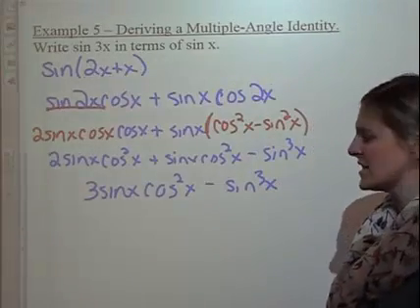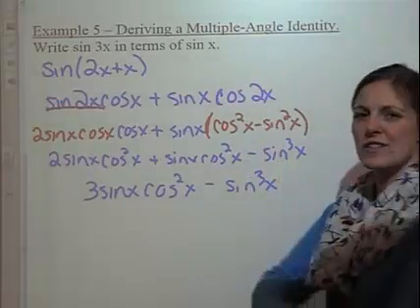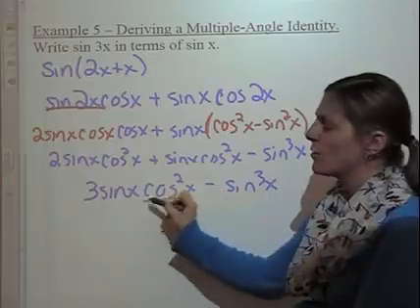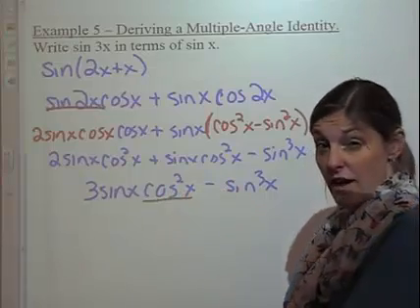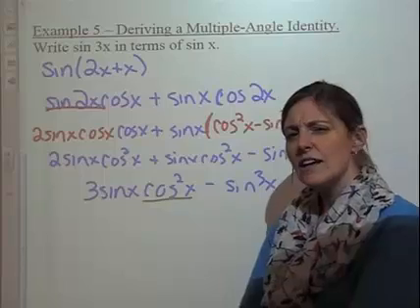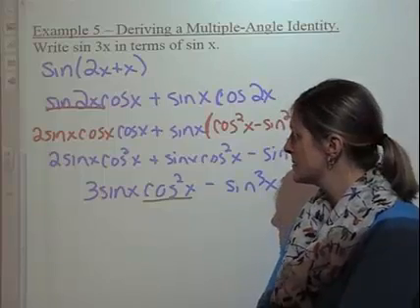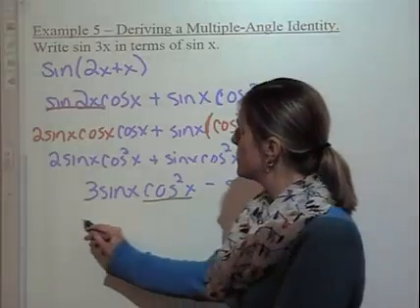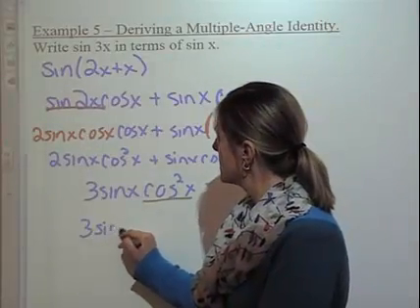But now we really can't simplify much, and it's not all in terms of sine of x. Is there something that we could replace the cosine squared of x with so that we could get it into terms of sine of x? Well, let's bring down our 3 sine x.